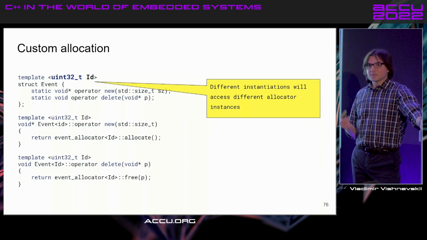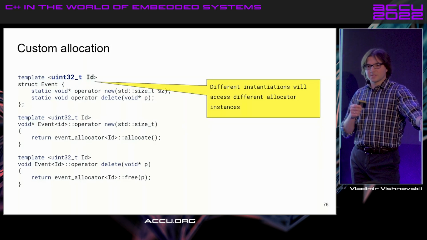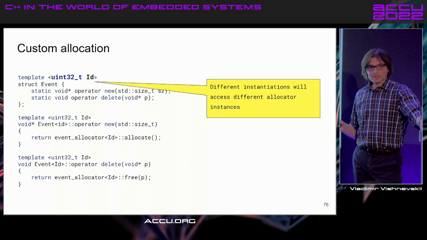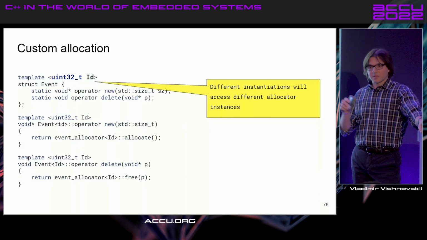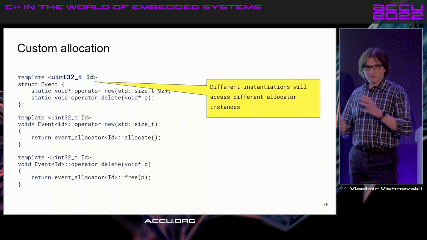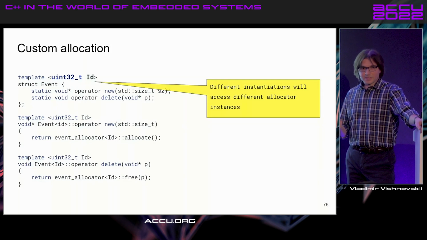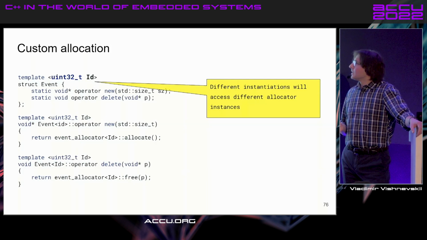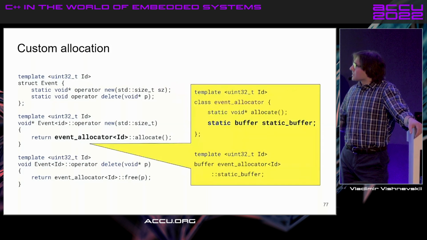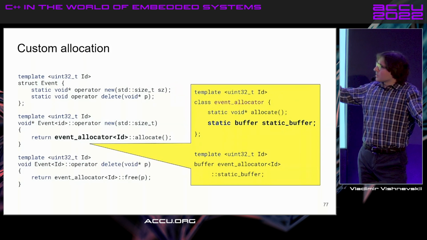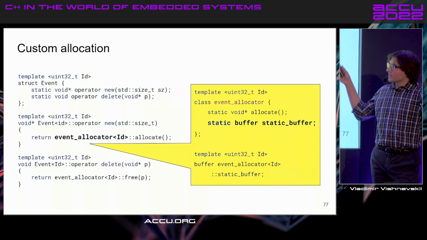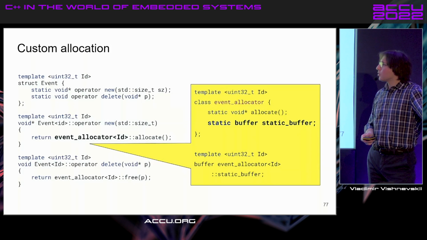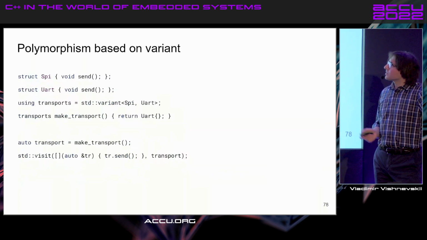The prerequisite for this is that we know all the tasks that will exist in our system, so we can allocate different pools for different tasks. But this is how it typically happens in real-time embedded applications. So the event allocator here will also depend on this ID. This will be another instantiation, so it's another object, and that's how it goes.